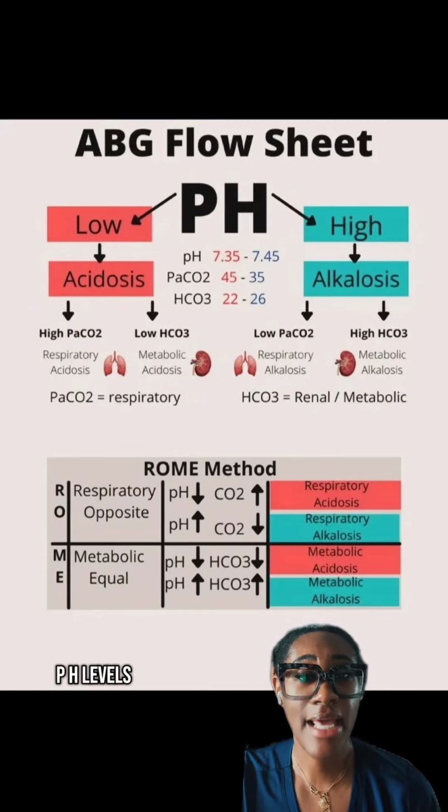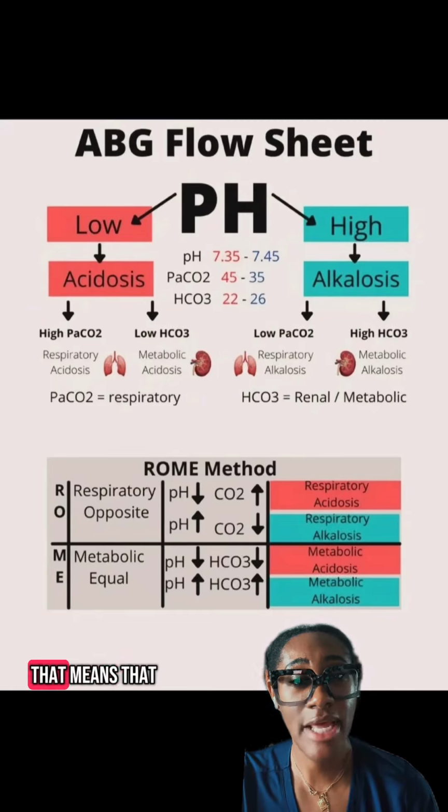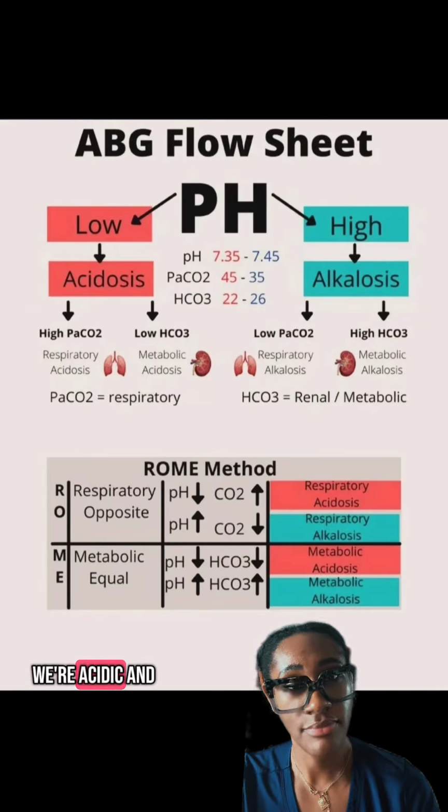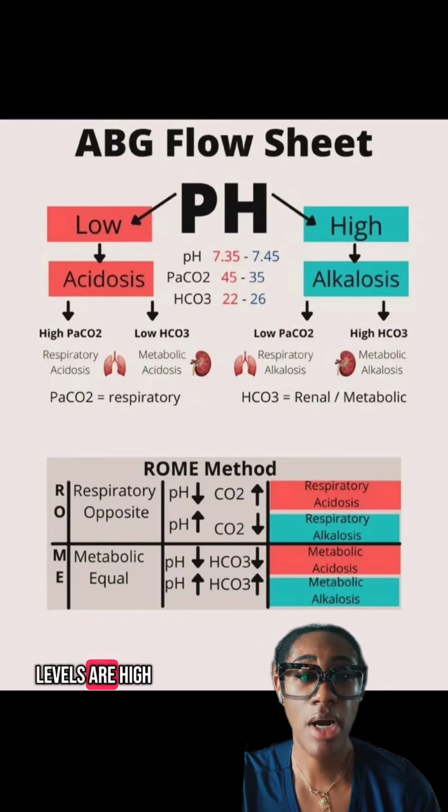So if our pH levels are low, that means we're acidotic, and our CO2 levels are high, that means that the pH and the CO2 levels are opposite of each other. That means that we're in respiratory acidosis. And vice versa.